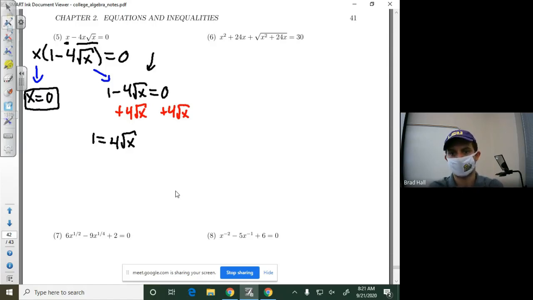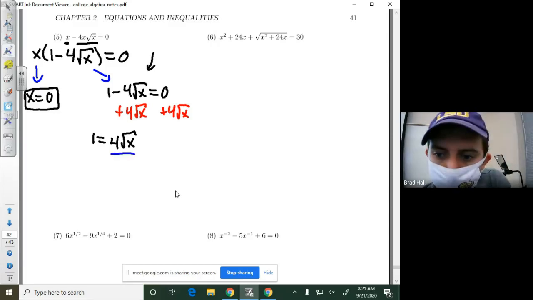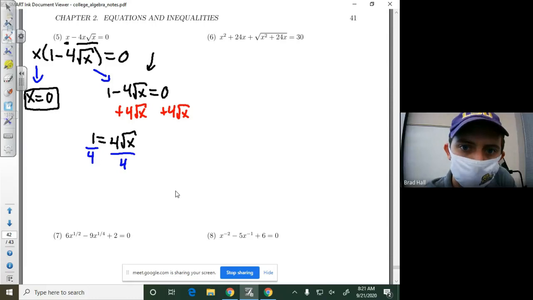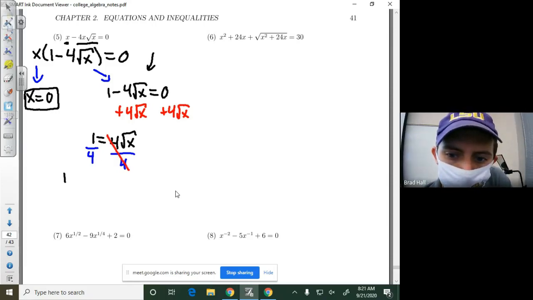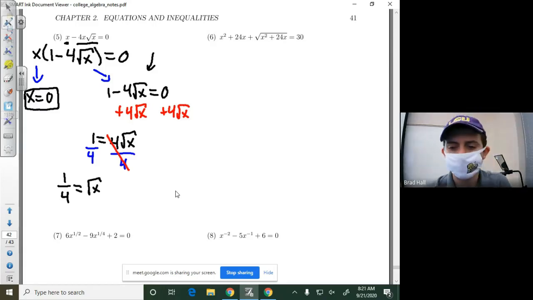We only have 1 x, so we can divide both sides by 4. And then all we have to do is square both sides.